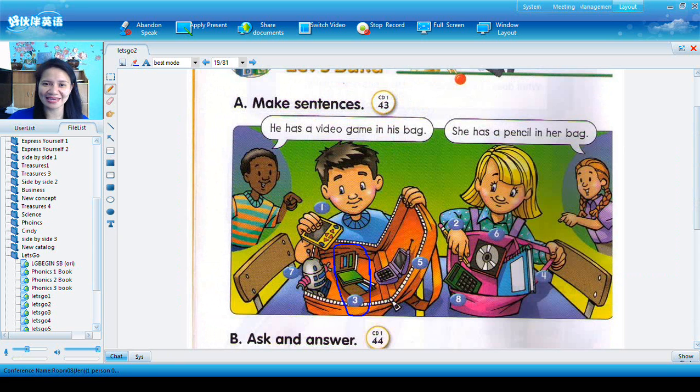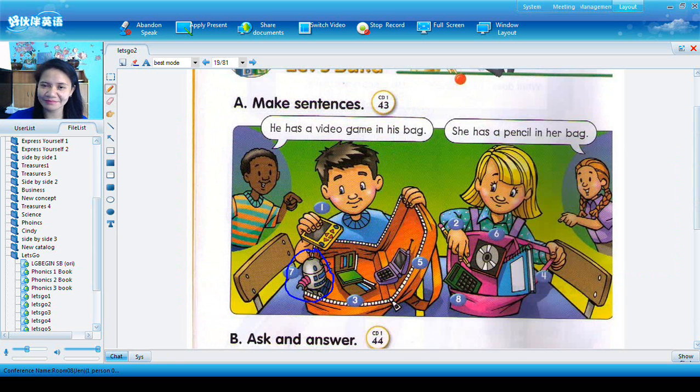Again, what does he have? You'll say, he has a wallet. Very good. Next, what does he have? You'll say, he has a robot. Again, what does he have?